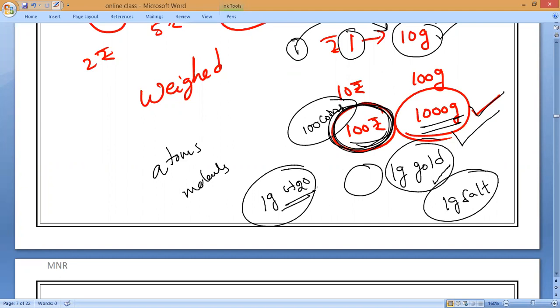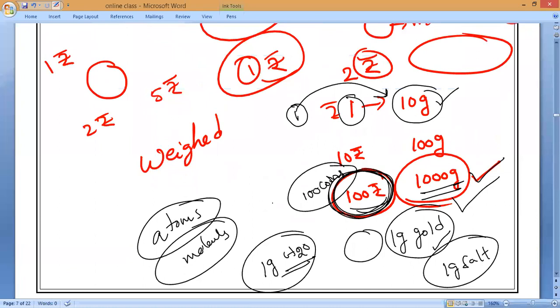Not possible, because atoms and molecules are not visible to us. They are extremely small in size. We cannot count them with normal visible numbers, like 1 to 3. So that is why scientists use this concept with atoms and molecules.